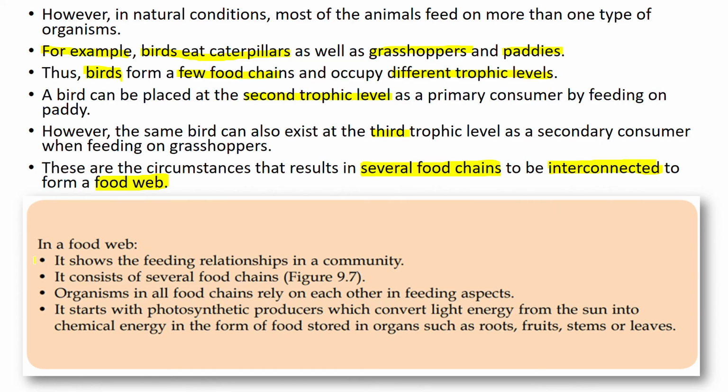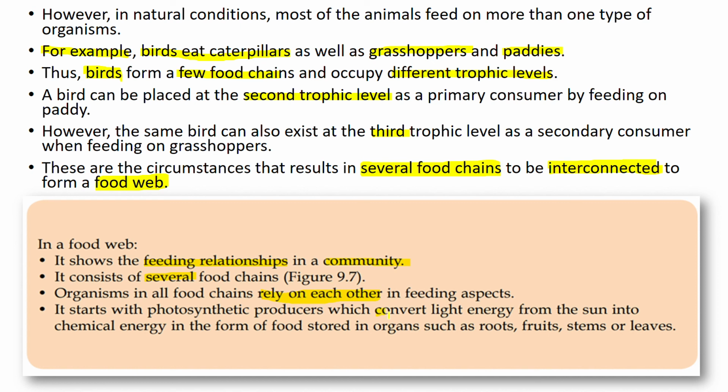So in a food web, it shows feeding relationship in a community. It consists of several food chains. Organisms in all food chains rely on each other, bergantung antara satu sama lain in feeding aspects. So it always starts with the photosynthetic producers.